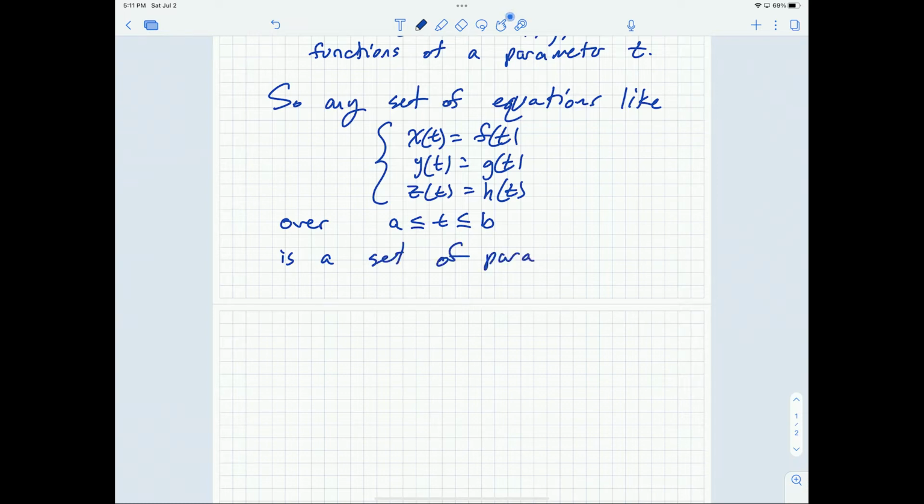And so you're already supposed to know this. A curve. Okay.